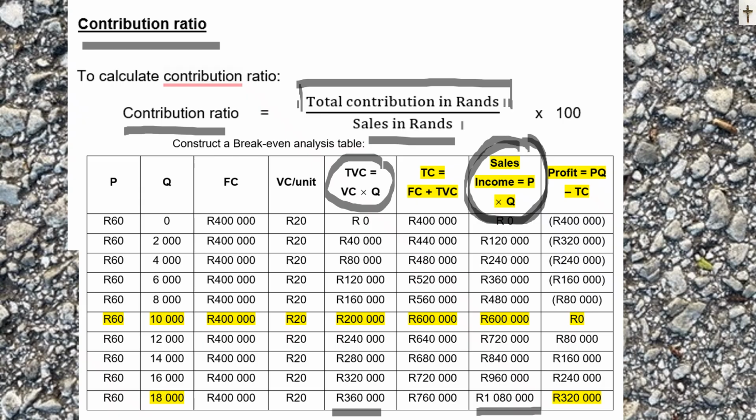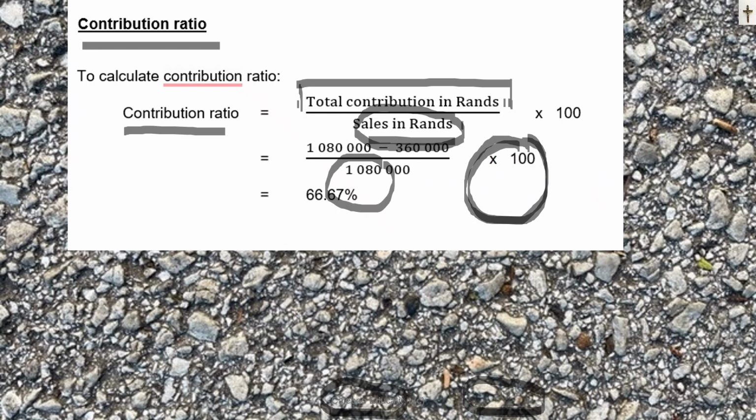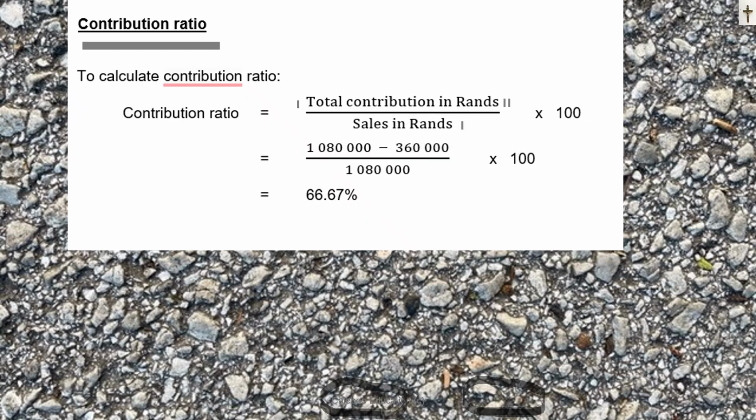So let's have a look. Let me go through that again. The total contribution in rands is the 1,080,000 less the 360,000 divided by the 1,080,000. Let me clean this up. And if you want a ratio or a percentage, you need to multiply by 100. So let's do that quickly again.